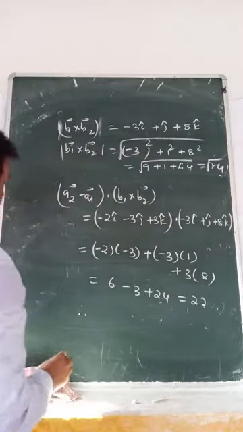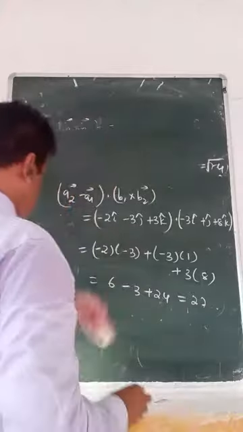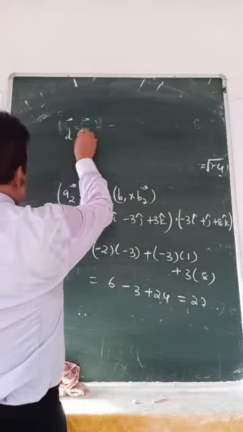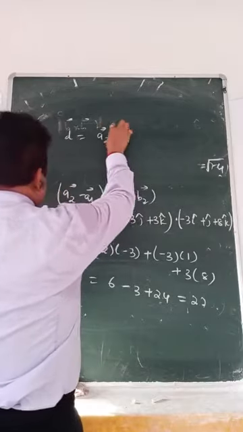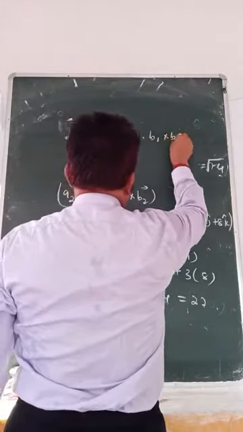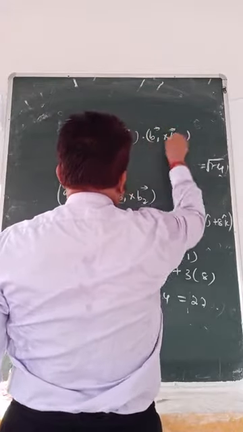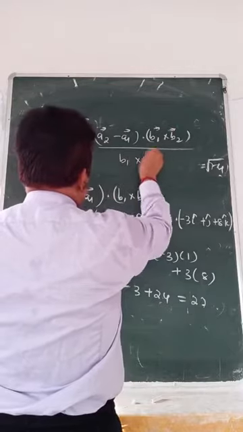Therefore you can write D equals (A2 minus A1) dot (B1 cross B2) by the modulus of B1 cross B2.